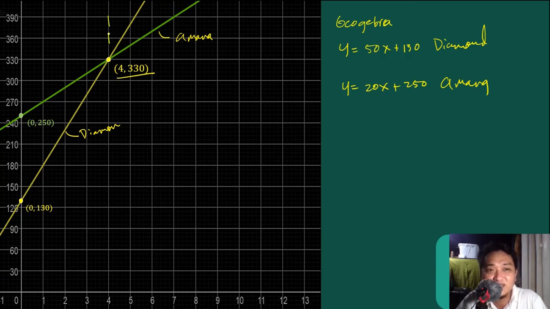So, lalagyan po natin dito ng line, meaning hahatiin natin yung graph into 2 sections, the left section and the right section. So, di hamak na on this left side, ito naman yung right, on the left side of the graph, mas mababa si Diamond Motel.